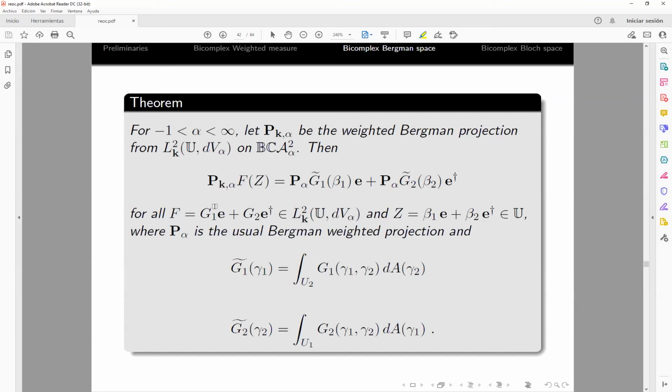Observe that this is the idempotent notation for F. However, we need to apply the usual weighted Bergman projection to these functions. Why? It's very easy.